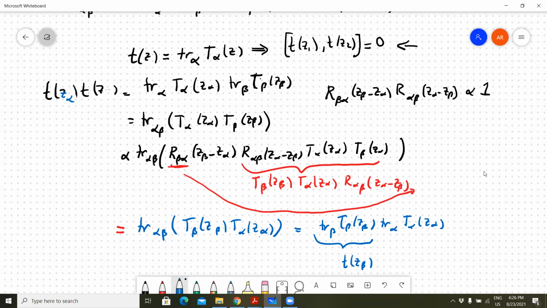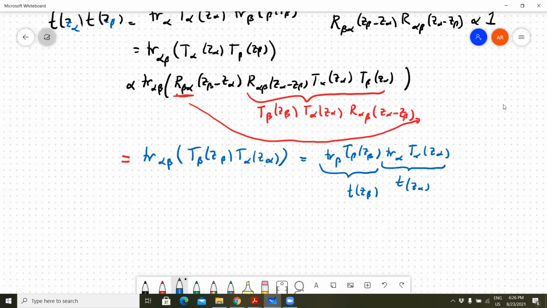And here is Z alpha. So we just recognize it again. So this shows that the transfer matrices commute. So we only use the unitarity and the RTT for this.